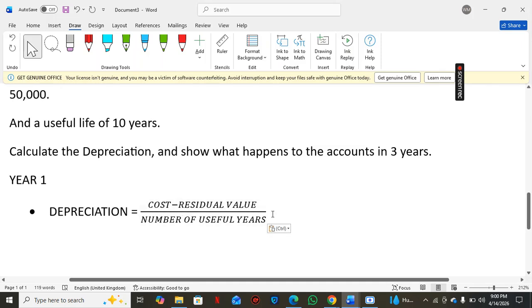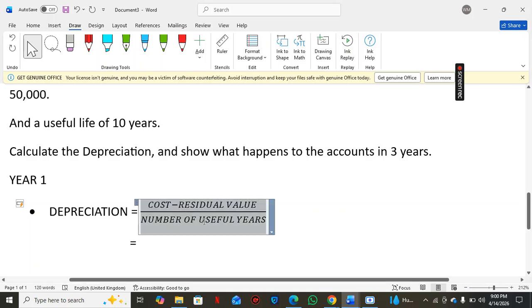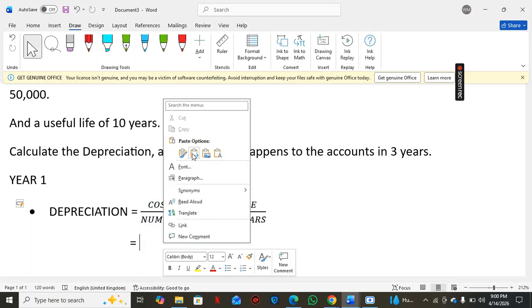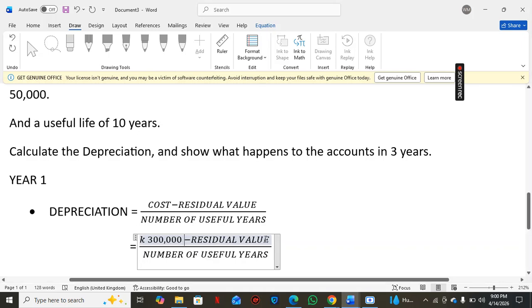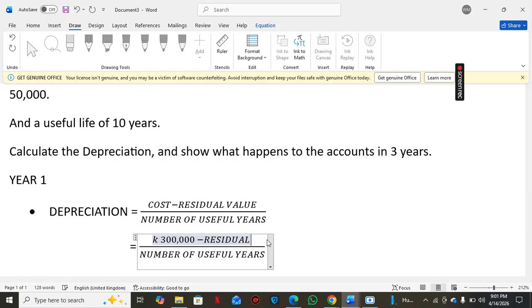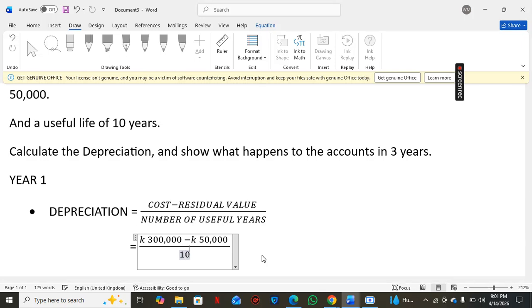So the cost is 300,000 minus 50,000 over the number of useful years, which is 10 years.